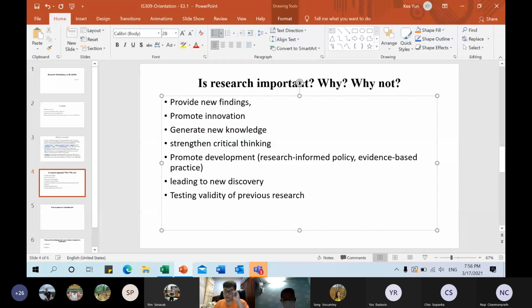One more thing I'd like to add here: promote development through solutions. Okay, solutions to social issues like traffic problems, suicide. For example, yes, some countries have problems with suicide. For example, Japan has a higher suicide rate.